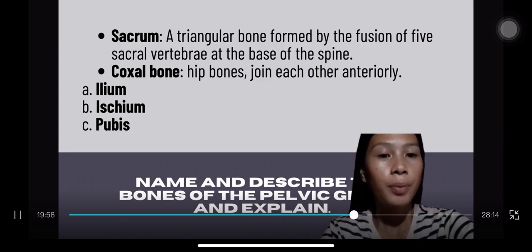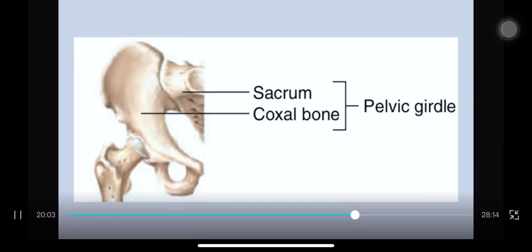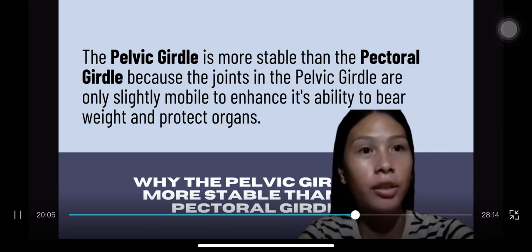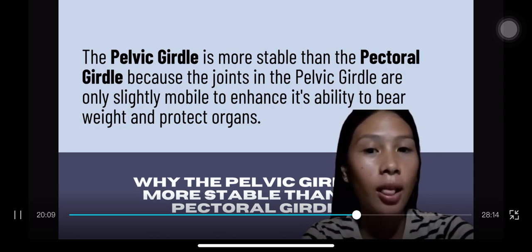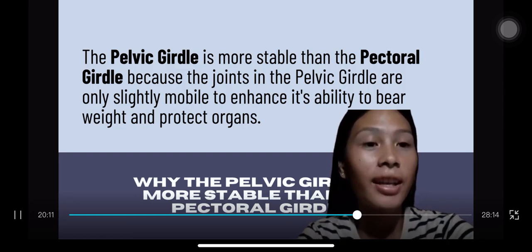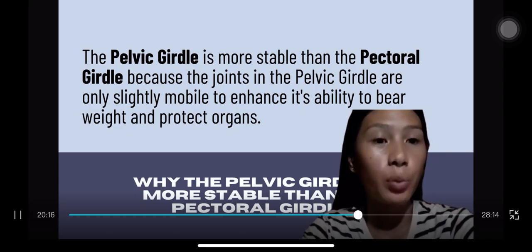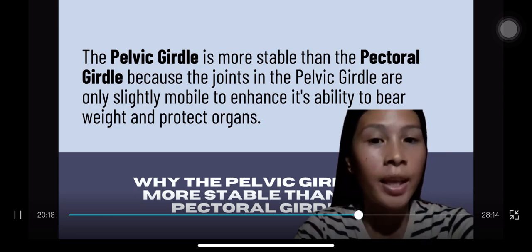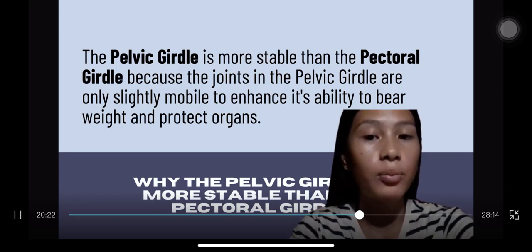Pubis, the anterior portion of the pelvic bone. The pelvic girdle is more stable than the pectoral girdle because the joints in the pelvic girdle are only slightly mobile, to enhance its ability to bear weight and protect organs. We have the bones of the coxa, which are the ilium, ischium, and pubis.